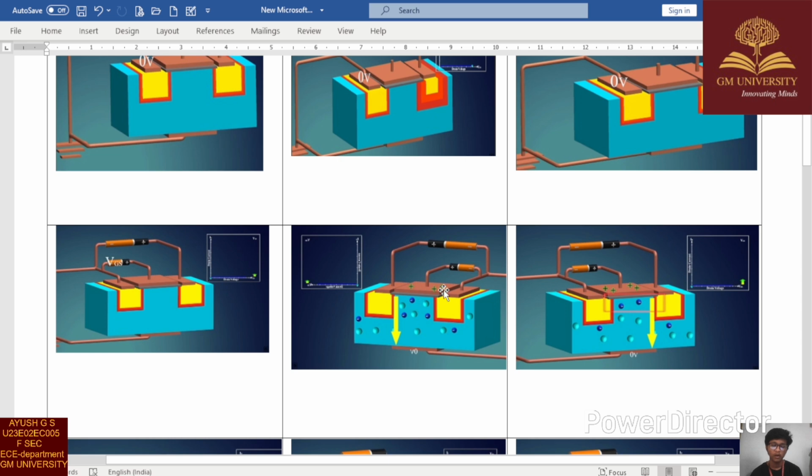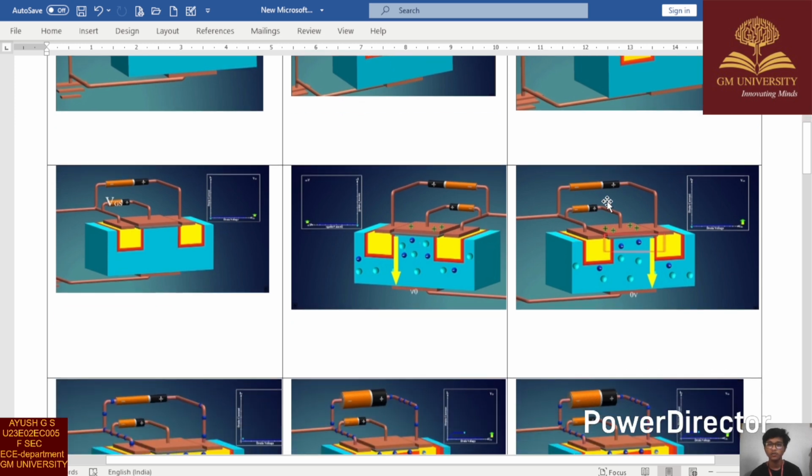With a P-type substrate, holes are the majority charge carriers and electrons are the minority charge carriers. As you see here, the holes will be accumulated on the top side of the MOSFET and the negative charges will be accumulated between the S and D junctions.